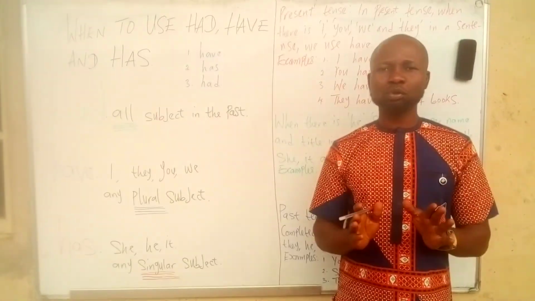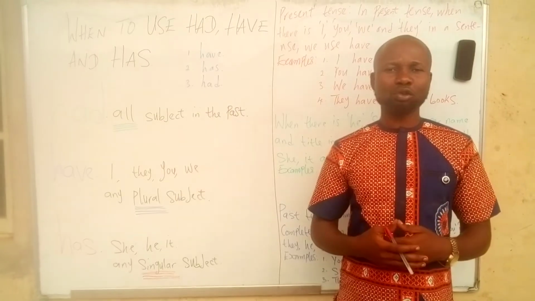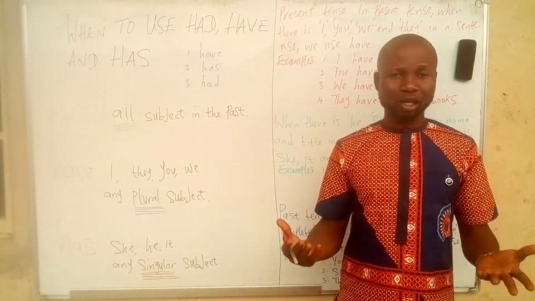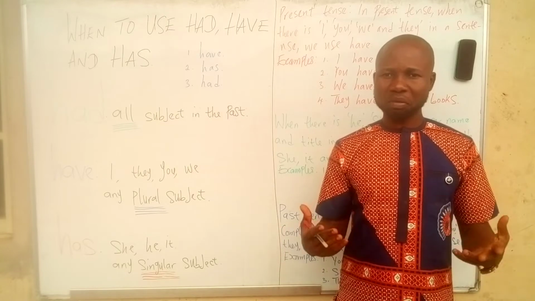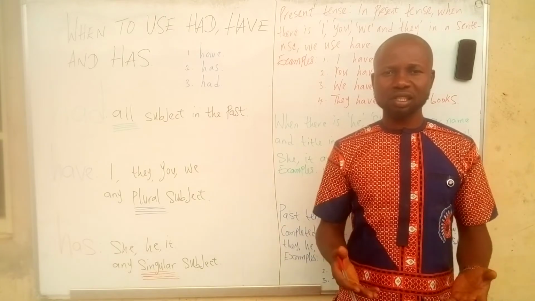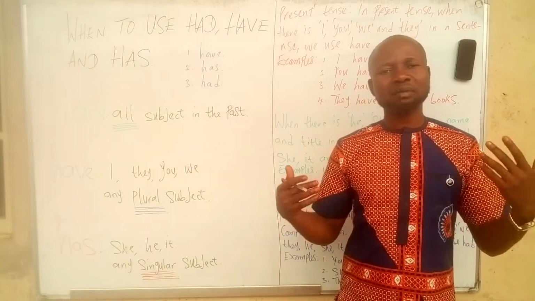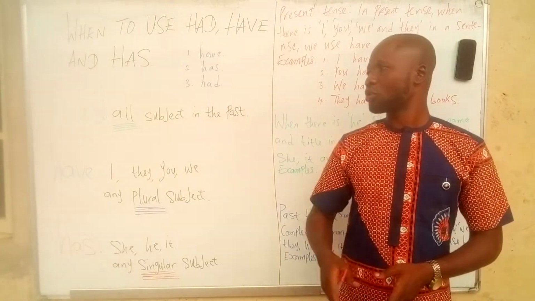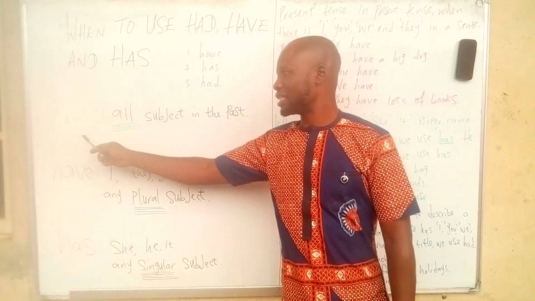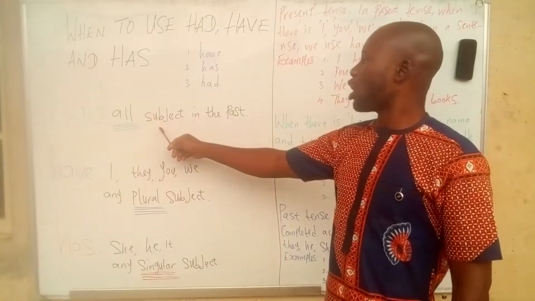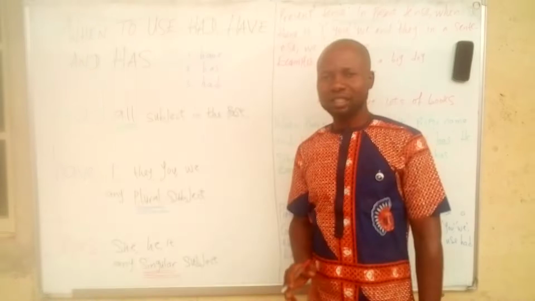It's as simple as that. Example, you can say, I had my lunch, maybe 2 hours ago, 5 minutes ago, even yesterday. So once we are to use had, it is all about all subjects in the past.